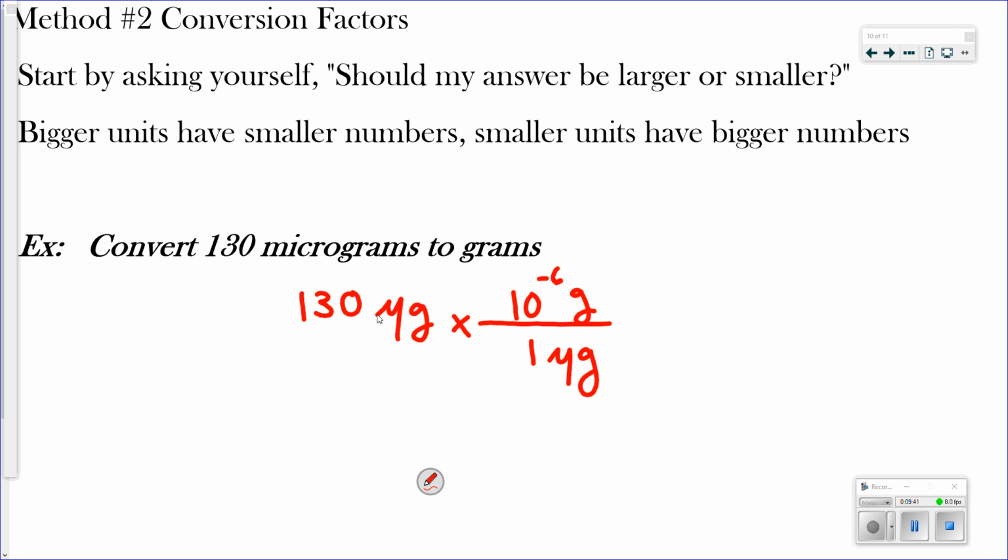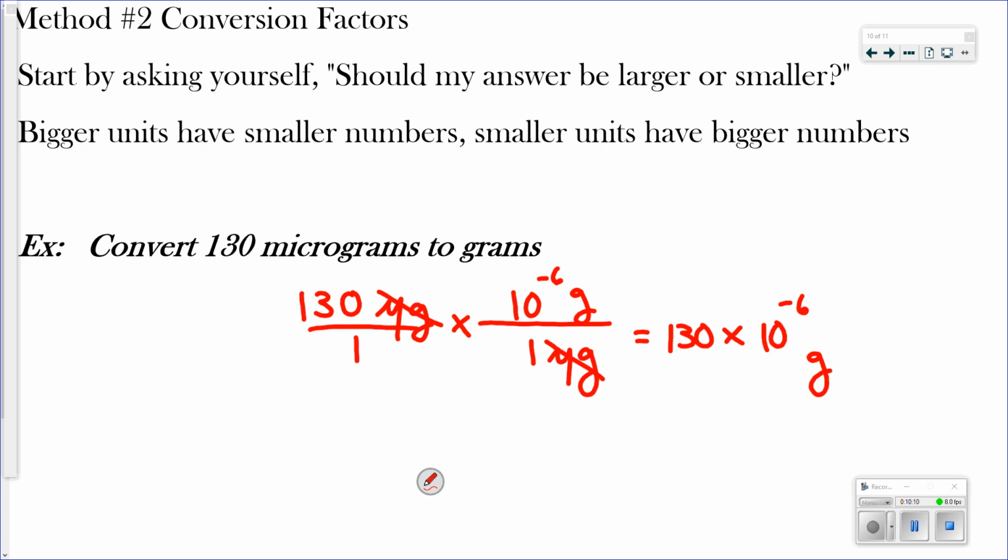And I can make this into a 1 to recognize I'm multiplying two fractions together. I can cancel out the micrograms and I'll be left with grams. And my question was, did my answer get larger or smaller? I wanted it to get smaller, and it definitely did because this number is a lot less than 130.